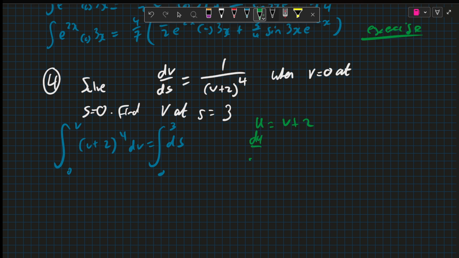If we take du by dv of this, that's just going to be 1. So du equals dv. What we'll get therefore is u to the power 4 times du, which again I'll mark in math green, equals the integral between s and 3, that's going to be 3.